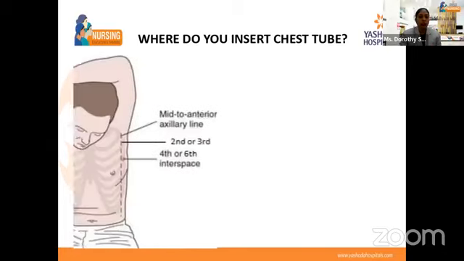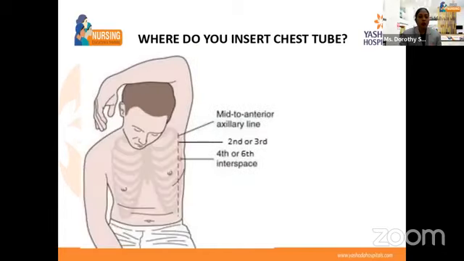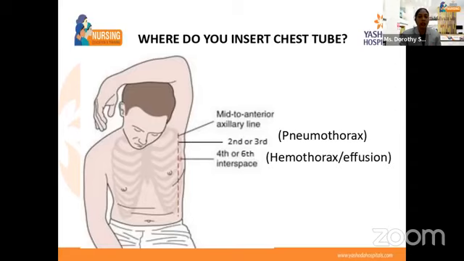Some doctors choose to introduce from the mid to anterior axillary line towards the second and third intercostal space in scenarios of pneumothorax. And doctors may also introduce the ICD drainage from mid to anterior axillary line to the fourth and sixth intercostal space in conditions of hemothorax and effusion.